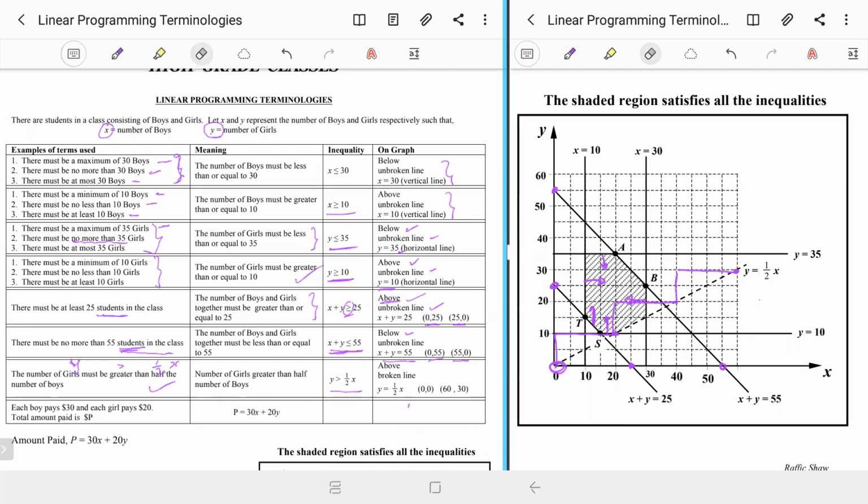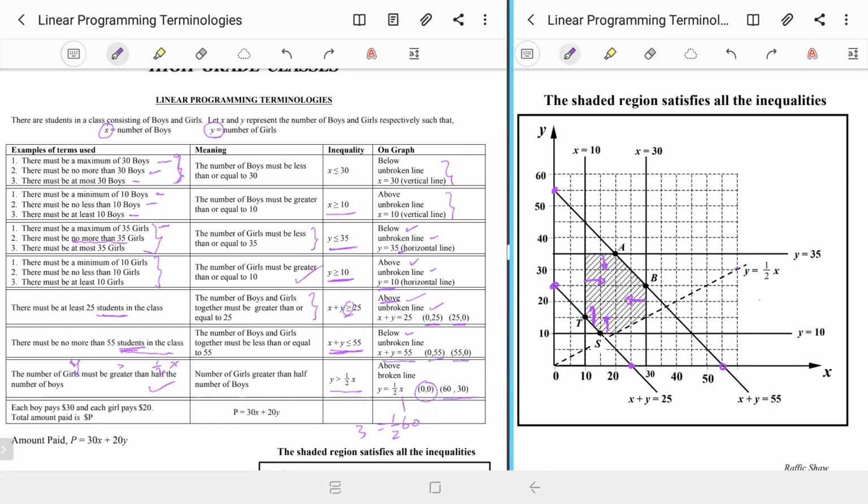You plot one point, which is 0, 0, because 0, 0 is on the line. Then put another point where the x value is 60. If the x value is 60, then half of 60 is 30, so the y value is 30. It passes through the point 60, 30, which is right here.